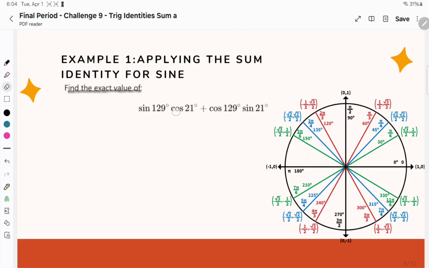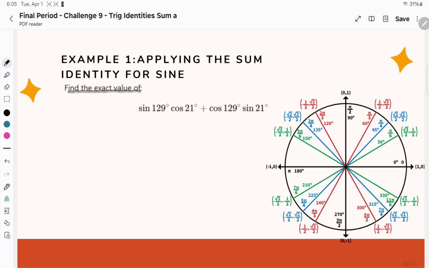So this seems like a very complicated expression, right? And we have some angles that aren't special angles, right?